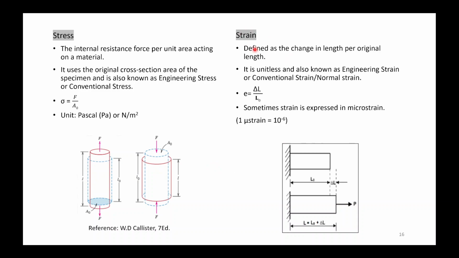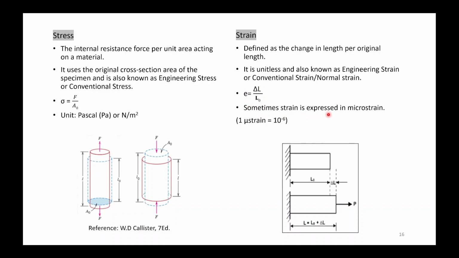Strain is defined as the change in length per unit original length. So it is unitless and is also known as engineering strain, conventional strain or normal strain. Its formula is delta L upon L naught.